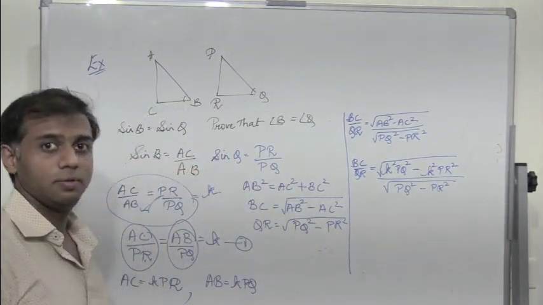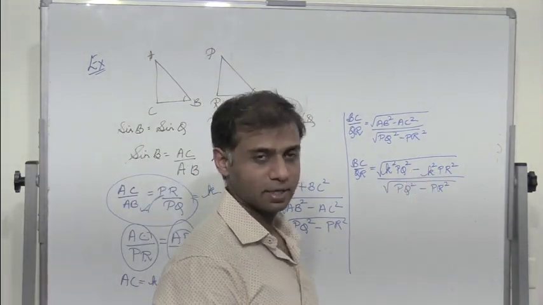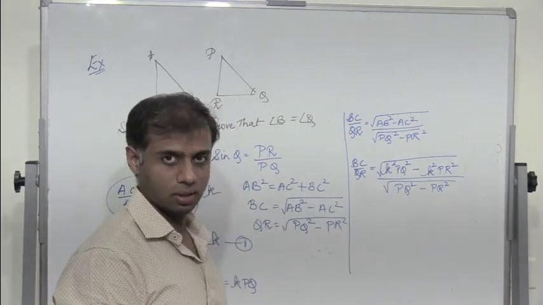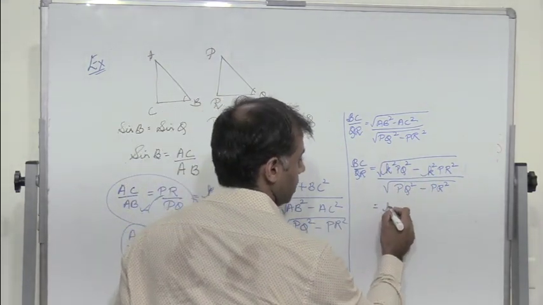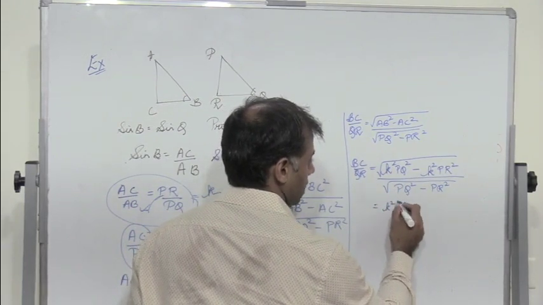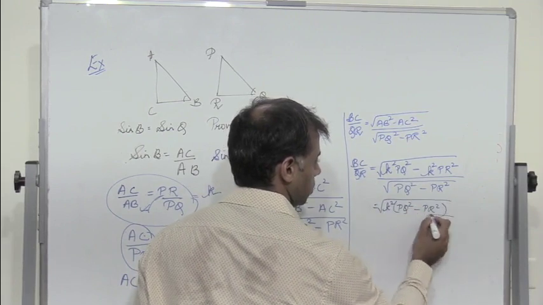Now why is it that we have done this? So that we can eliminate the common factor. So K square is common in the numerator. If I take it common, I would get K square into PQ square minus PR square, the whole root.